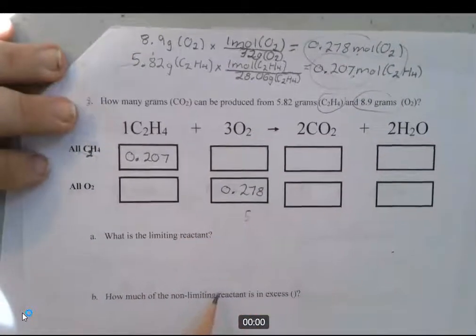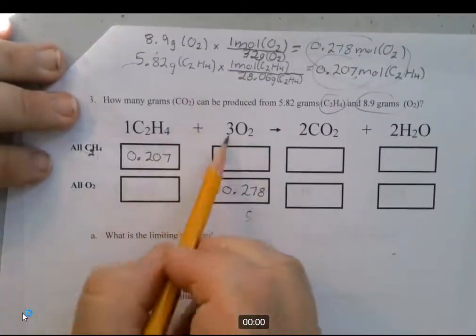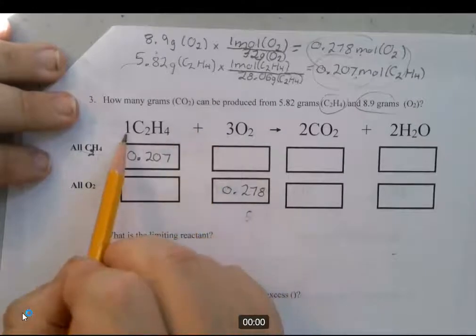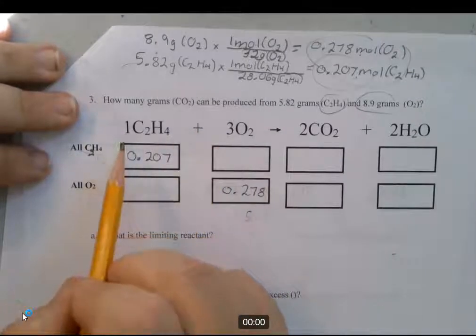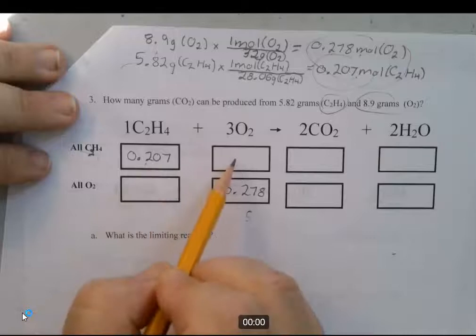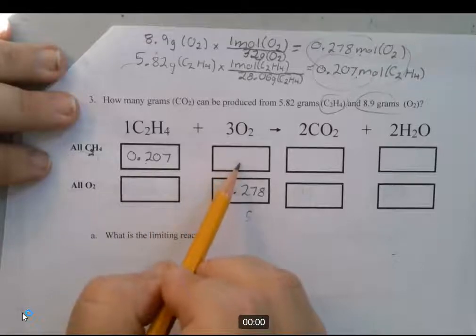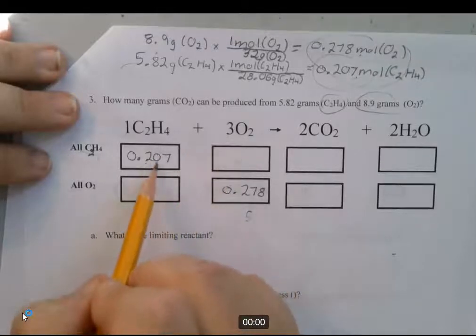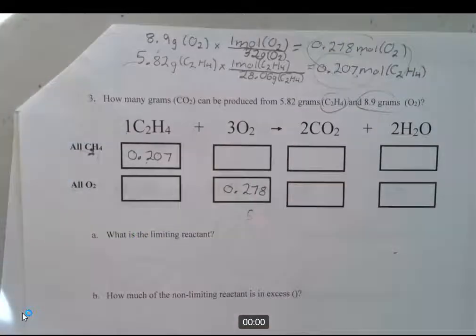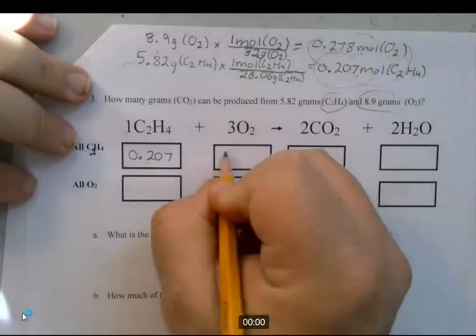Okay, so what kind of relationship do we have? We need 3 times as many moles of O2 as we have moles of C2H4. So you're going to take this number and multiply it by 3. That's how much oxygen it would take to combust all of the C2H4 that we were given. So you multiply 0.207 times 3, and that gives you 0.621.